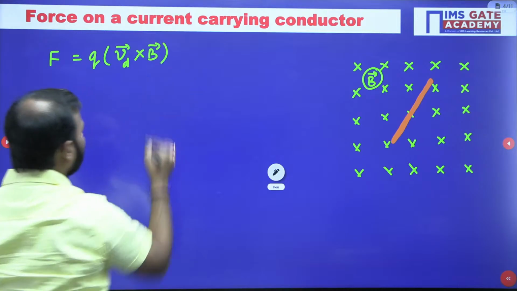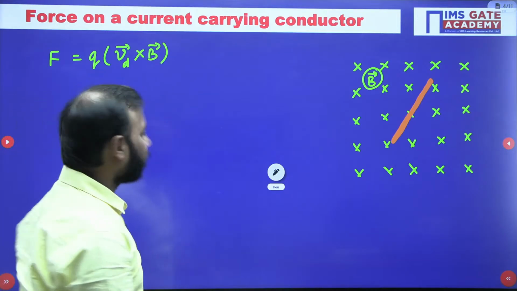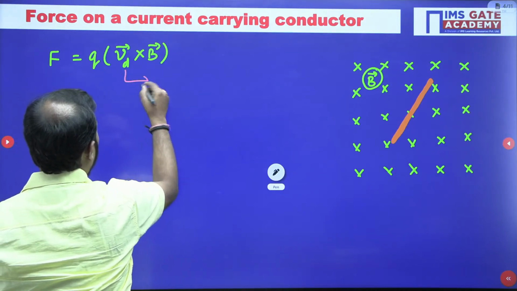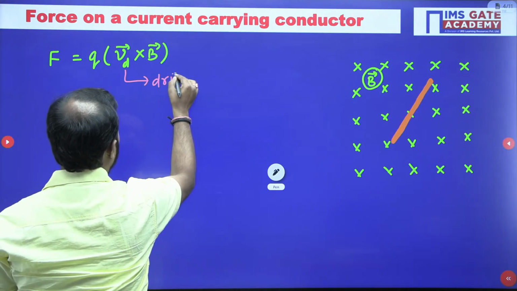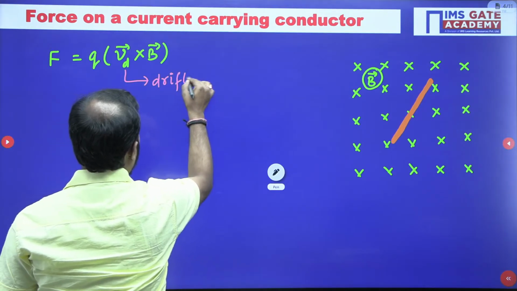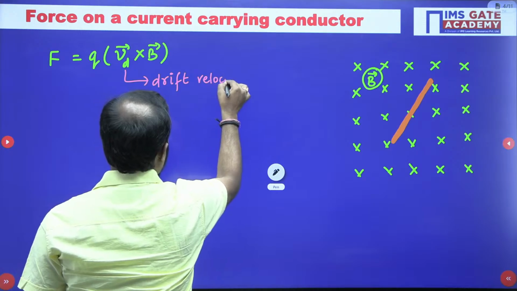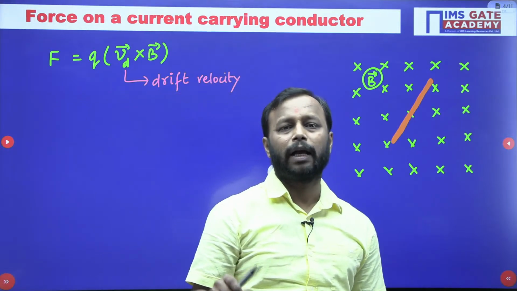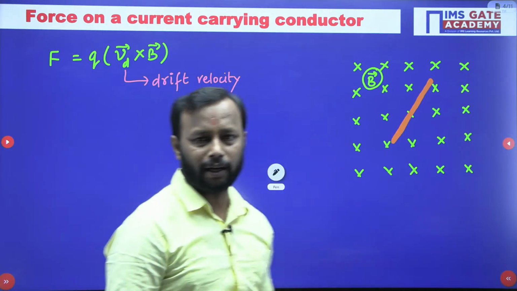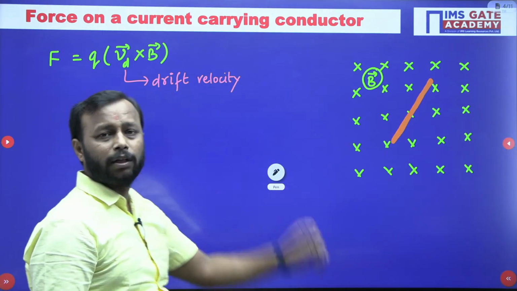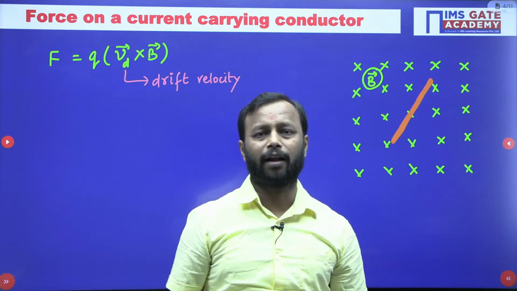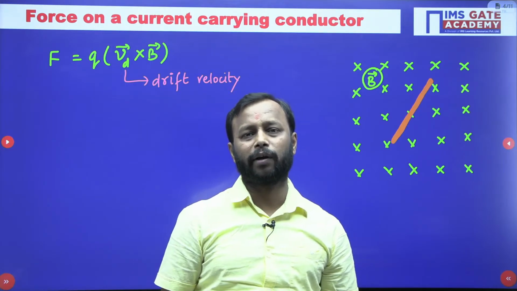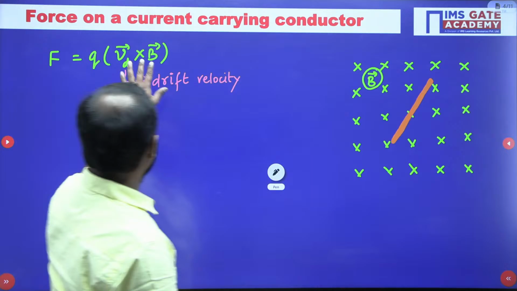So what do you mean by Vd? Vd is the drift velocity. Whenever a charge is flowing inside a conductor, the velocity of the charge is known as drift velocity, which is this one.